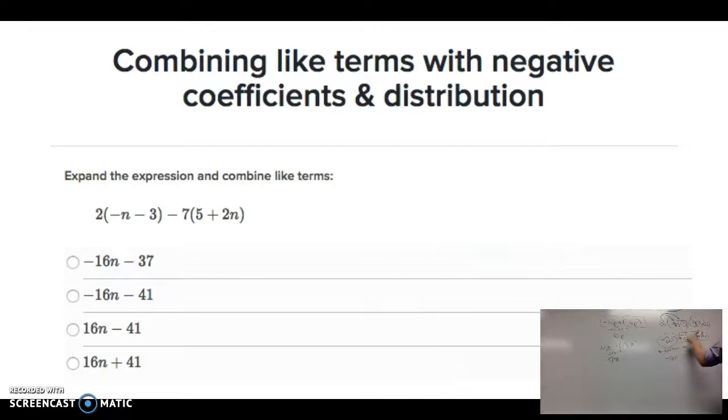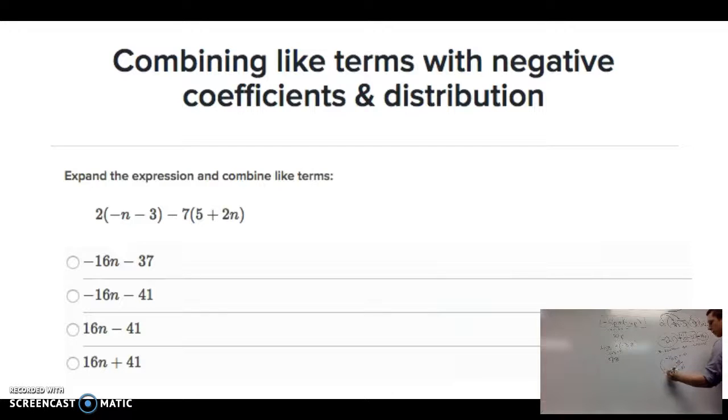Negative 6 minus 35 is the same thing as negative 6 plus negative 35, because subtracting the positive, same thing as adding the negative. Negative 6 plus negative 35 is negative 41. So I can either do plus negative 41 or negative 16n minus 41.